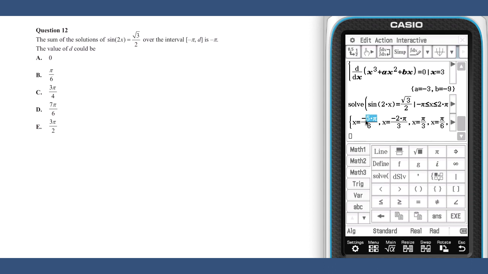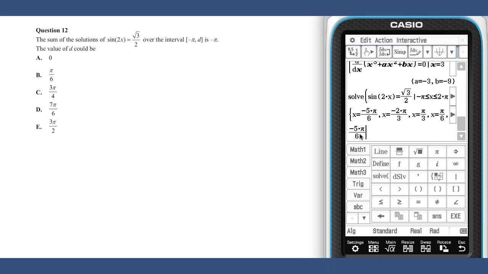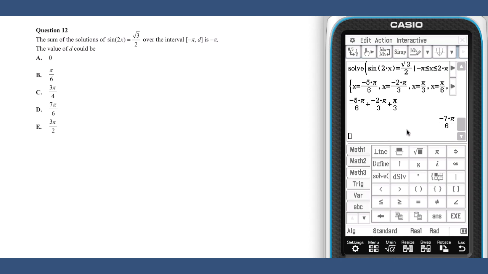Now we need to compute the sum of these solutions. That sum is minus 7 pi on 6, and we're looking for a sum equal to minus pi. So if we add another one, we get the sum we require.